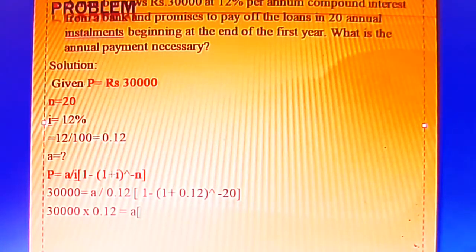Open bracket, 1 minus, add this 1 plus 0.12 will give you, I'll put it in a bracket, 1.12, the whole raised to the power negative 20. Okay, I'm going to close the bracket.